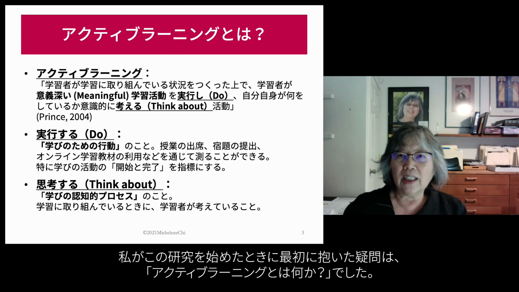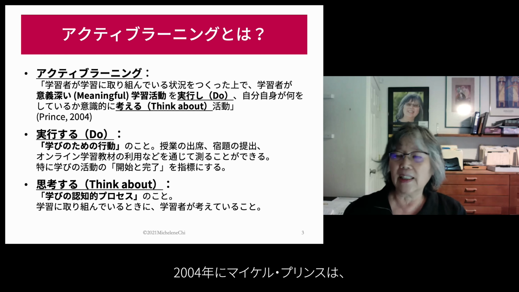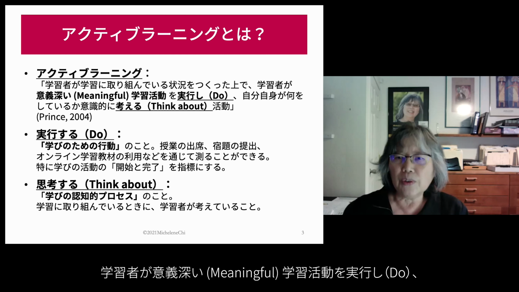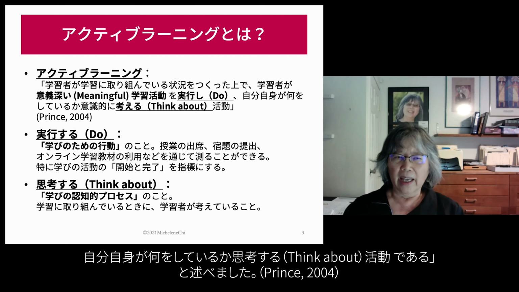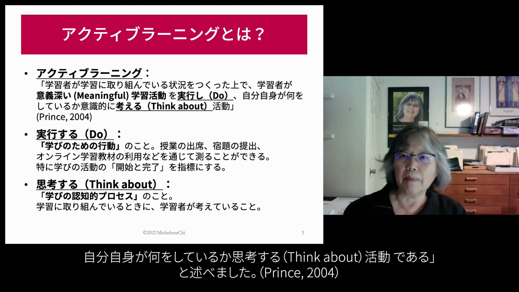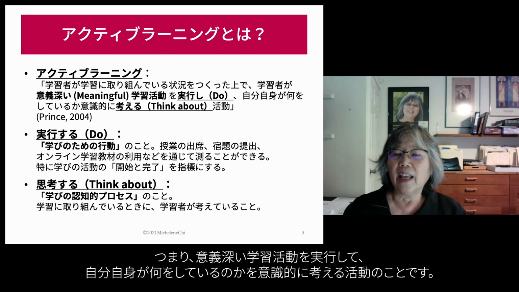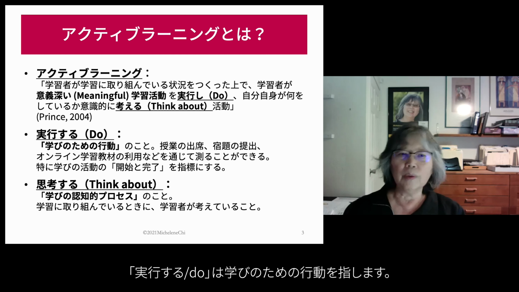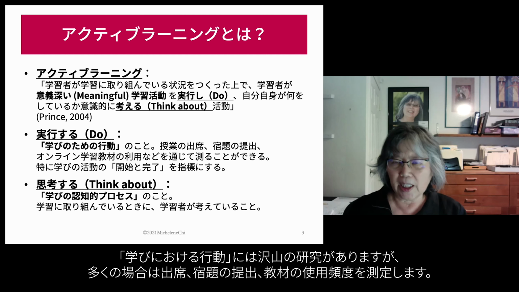The question that I started out with when I started this research is, what is this active learning? In 2004, Michael Prince quoted that active learning is when you engage students in learning, and it's a process that requires students to do some meaningful learning activities and think about what they are doing. So do refers to behavioral engagement.